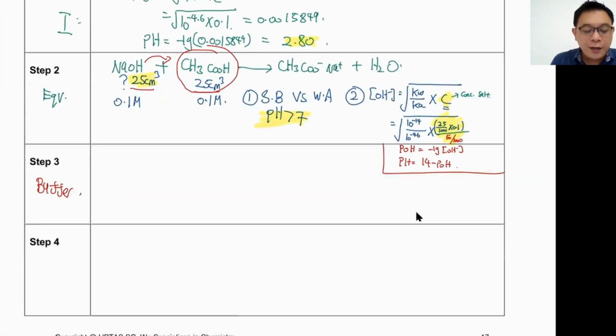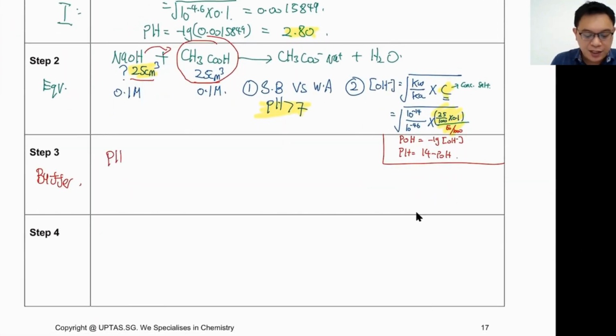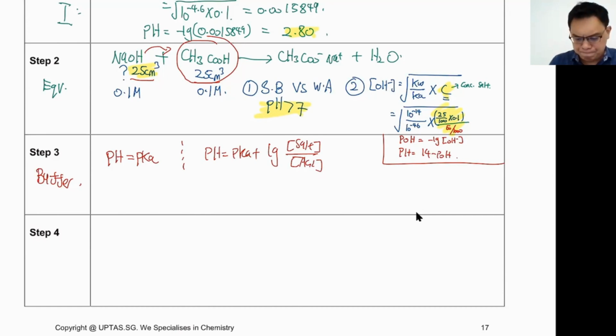Well, I can use pH equals pKa. Now, some of you ask me, why is it pH equals pKa? Let me explain to you. Because pH equals pKa plus logarithm of salt over acid. This is a typical acidic buffer equation, the Henderson-Hasselbalch equation.